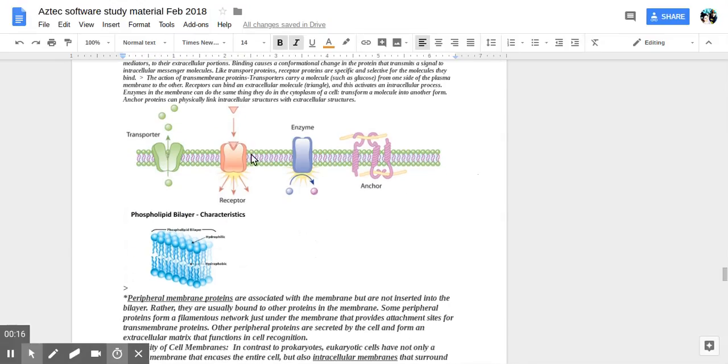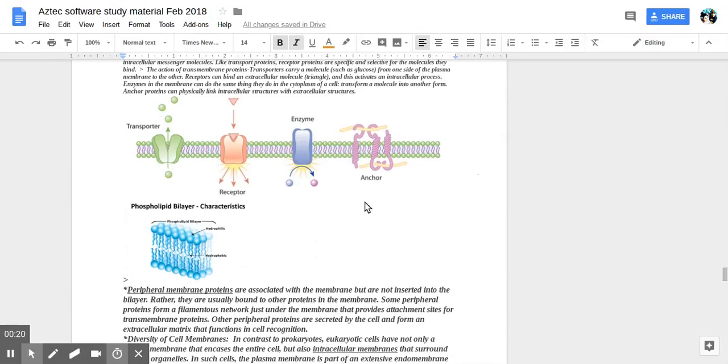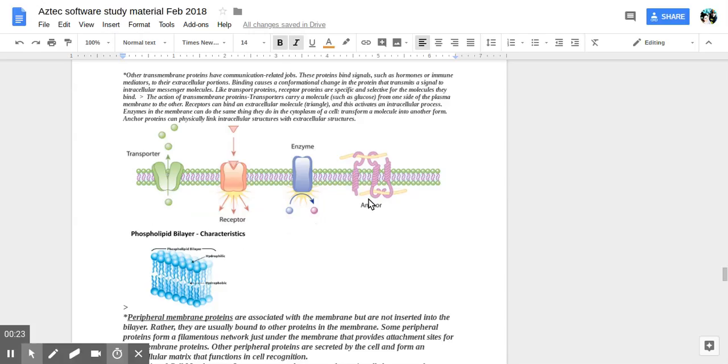So the phospholipid bilayer consists of proteins. The proteins transport various molecules, large and polar molecules, across them.